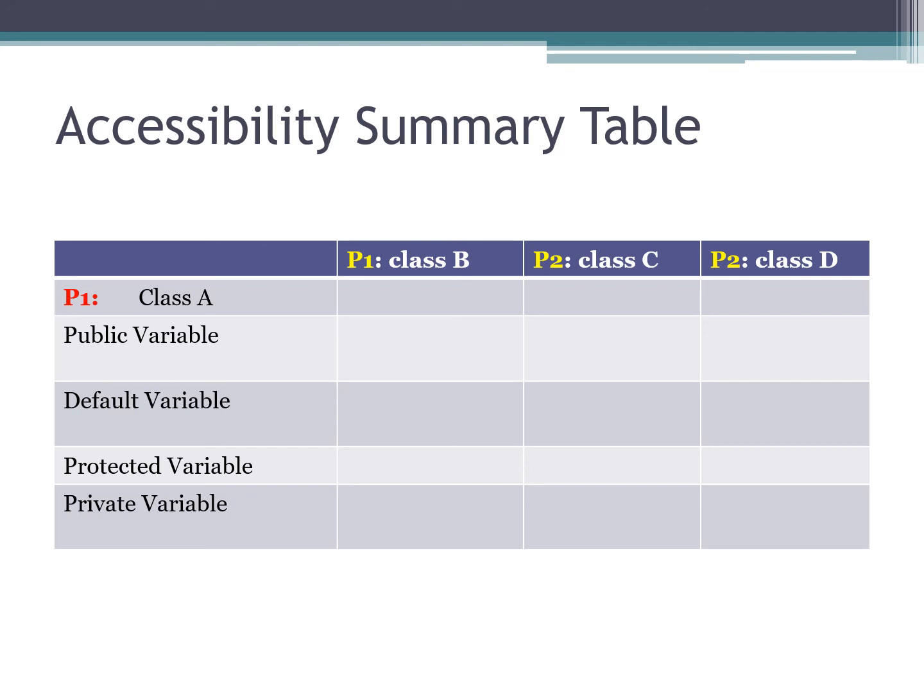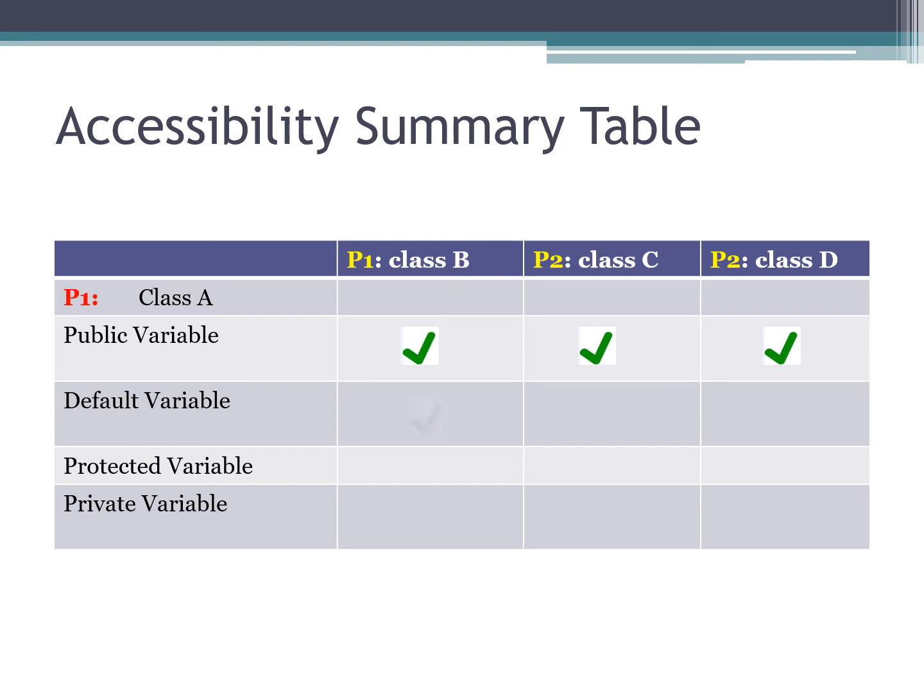We are supposed to check if A's public member variables are accessible in B, C and D. So public variables of class A are accessible in B, C and D. We can conclude that public variables are accessible within the class, outside the class, in the same package, and outside the package, across the packages.